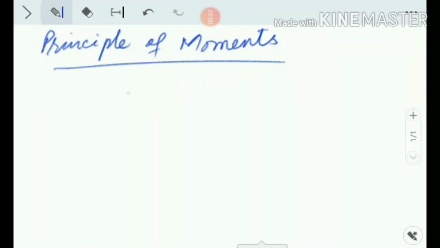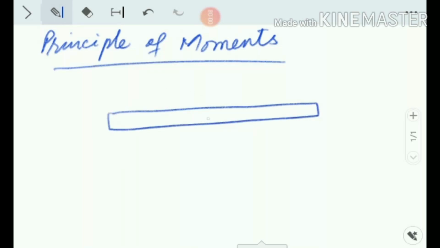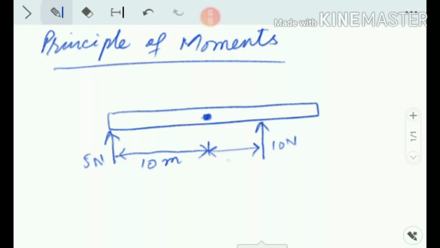So let us now suppose that we have a lever pivoted at the center, and there is a force of 5 Newton acting on it at a distance of, let us suppose, 10 meter from the pivot, and we have a force of 10 Newton on the other side at a distance of 5 meter from the pivot.